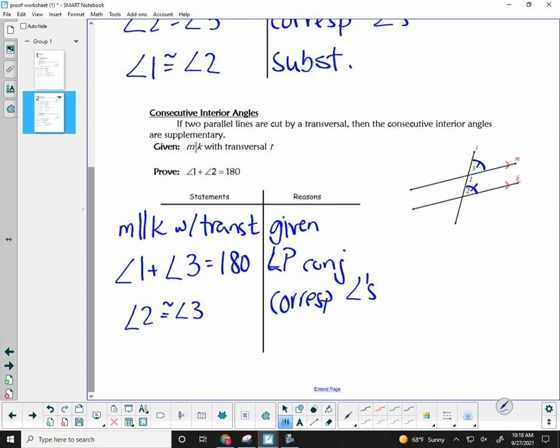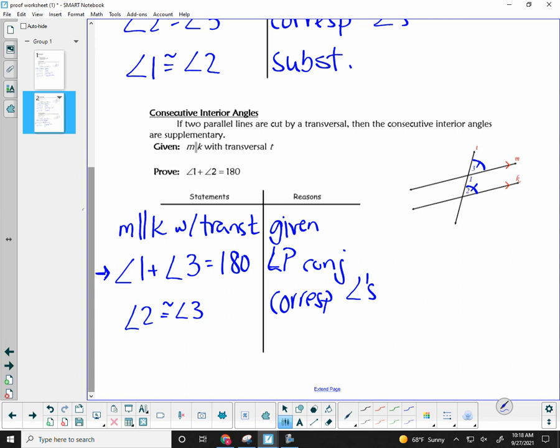Okay, now keep in mind, we're trying to prove angle 1 plus angle 2 equals 180, right? This step right here got us really close, because it said 1 plus 3 equals 180, but I really wanted it to be 1 plus 2. So I needed some way to get rid of that angle 3. Well, now I know that angle 2 and angle 3 are equivalent, right? They're congruent to each other.